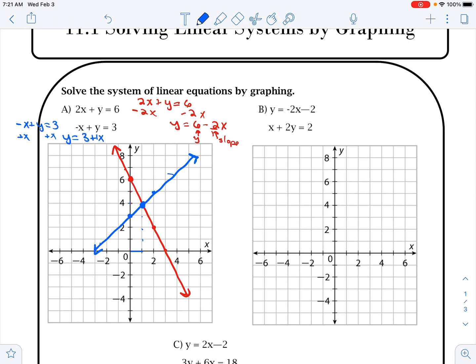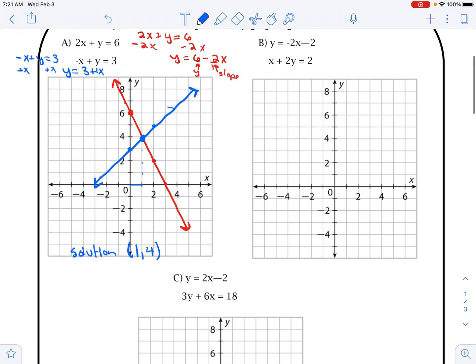So the solution is (1, 4). What the solution means is that if I plug 1 and 4 into my equations, it works. If I plug 1 in for x, I get 2 times 1 plus my y value of 4, and that should equal 6. 2 times 1 is 2, 2 plus 4 equals 6.